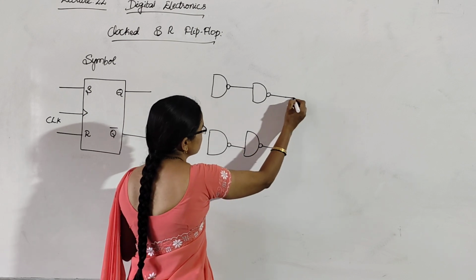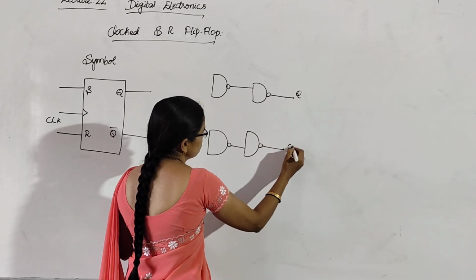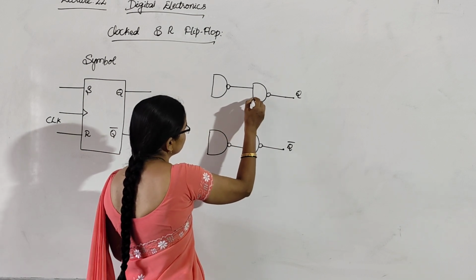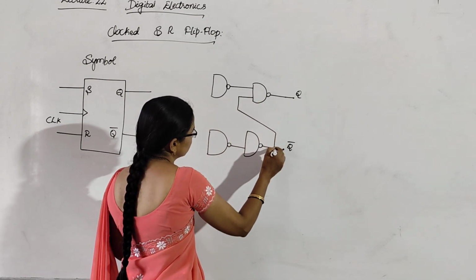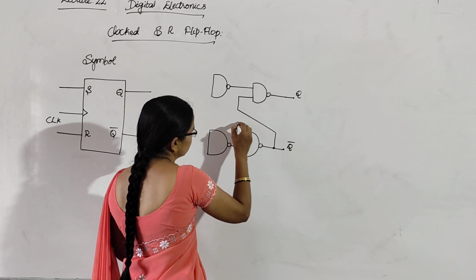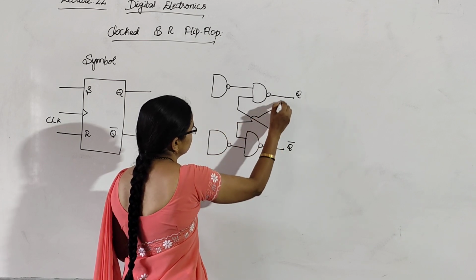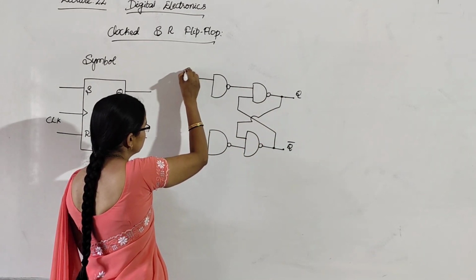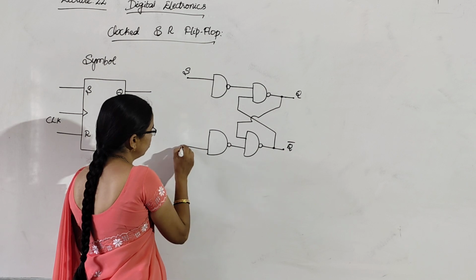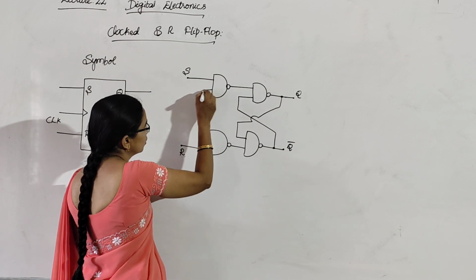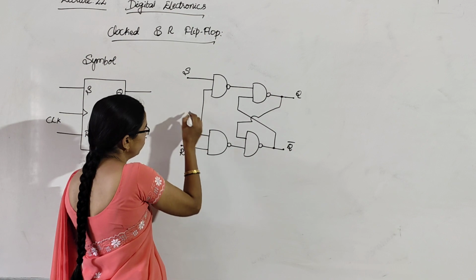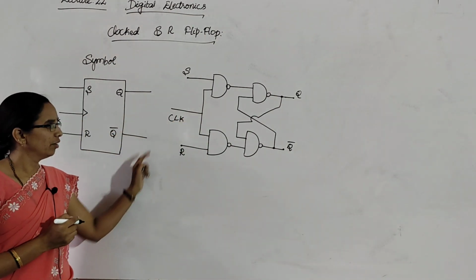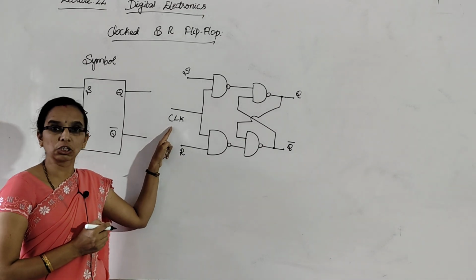This is the output Q and this is Q bar, here the S input, and here the R input. Here we have included one more input, that is the clock.